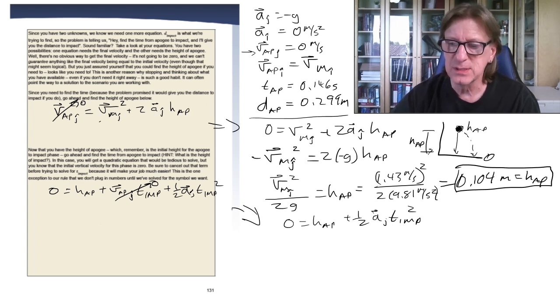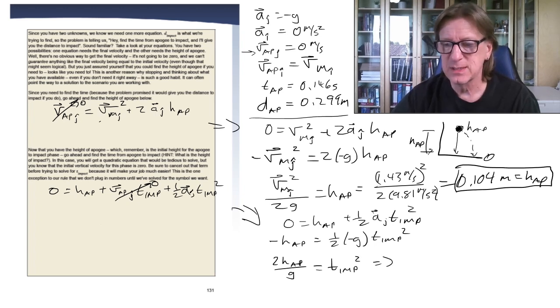I'm going to bring this to the other side. And so I get minus h-ap is equal to 1/2, again, I'm going to fill in my minus g there, t impact squared. My minus signs are going to go away when I divide, and so I get 2h-ap divided by g is equal to t impact squared, and that should look very familiar by now.